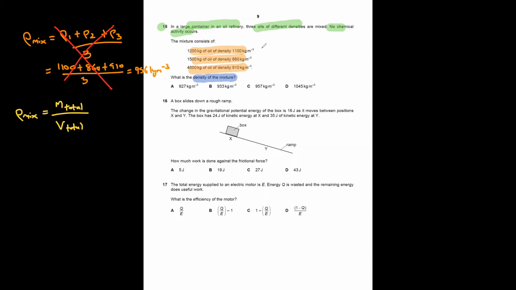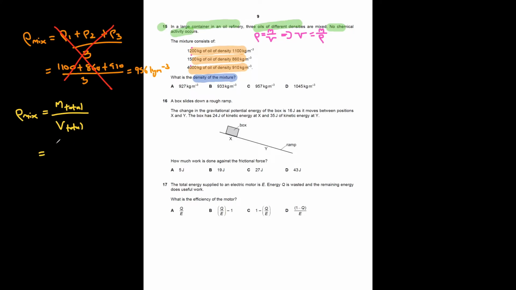So in your case, you remember that density is mass over volume, right? If I'm interested to find out the volume here, since I already know the masses, the volume would actually be mass divided by density.